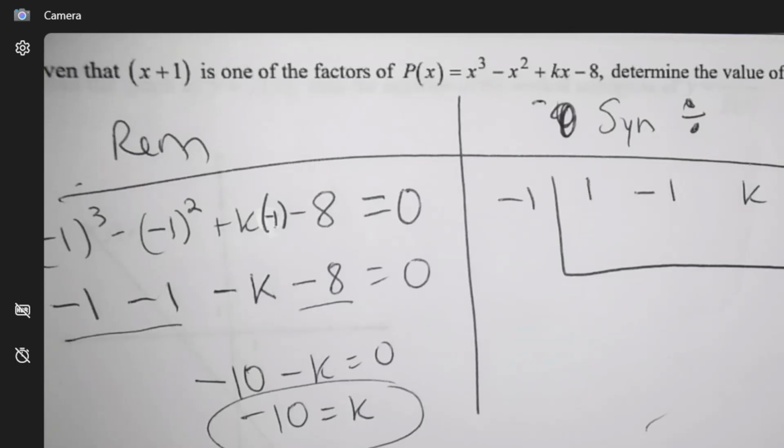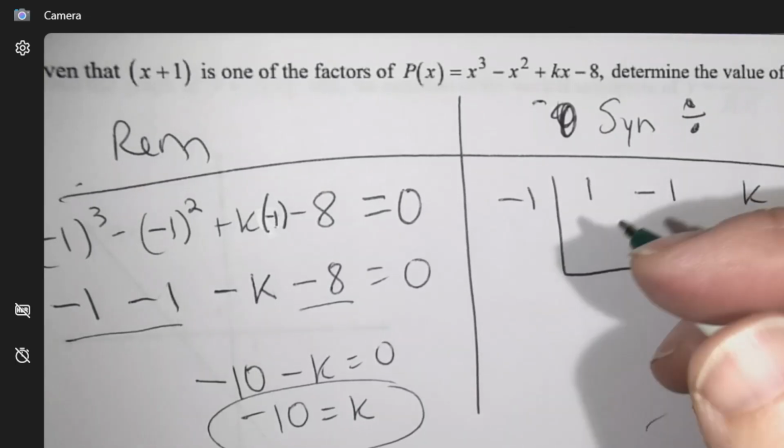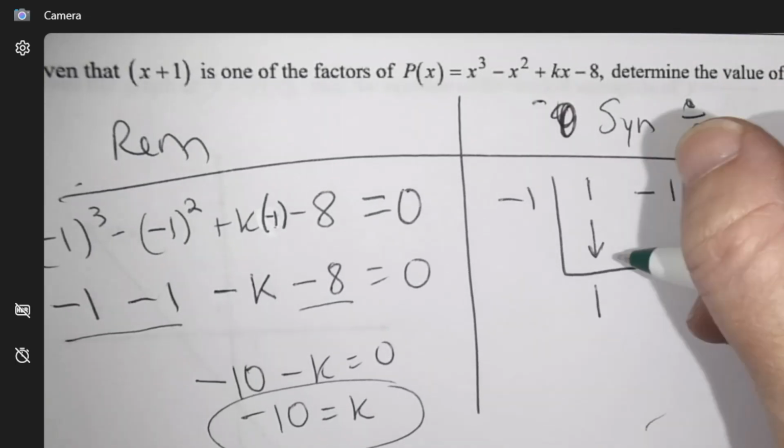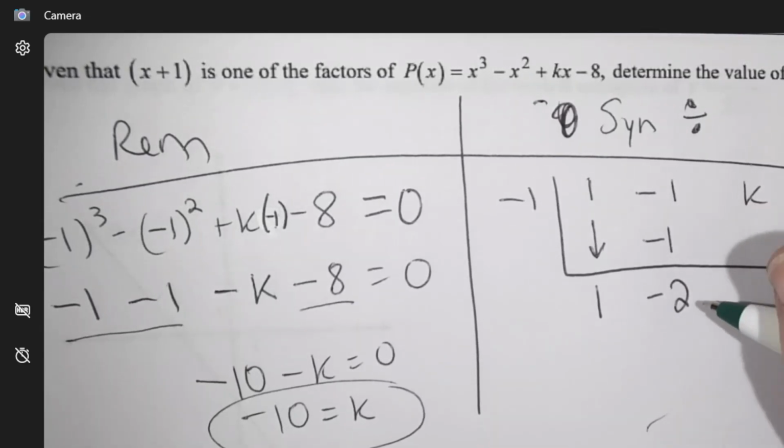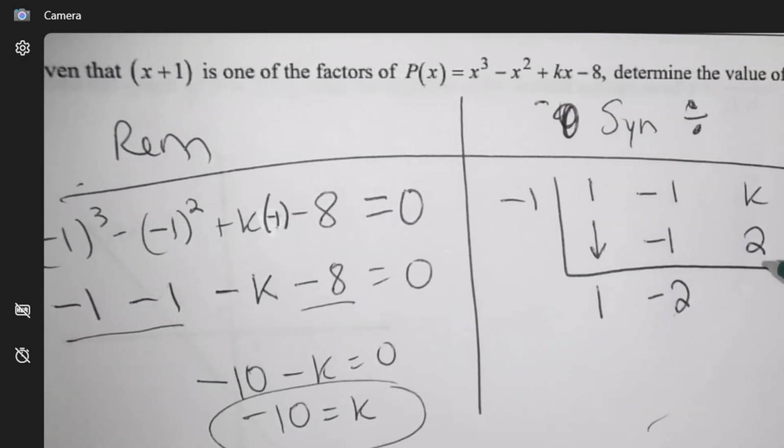Okay, synthetic division method. Bring this down. Times, add, times, can't add. So now I have to backtrack. What would I need in this block to make 0? 8.